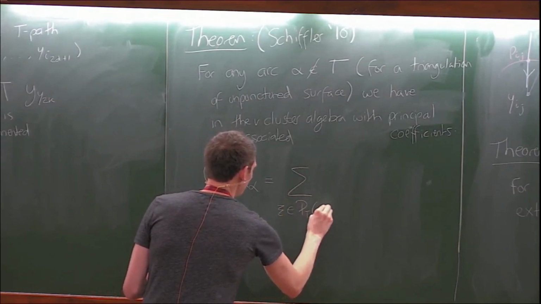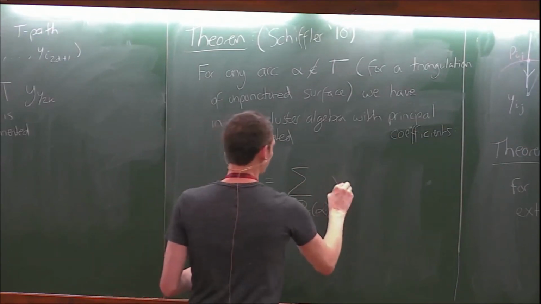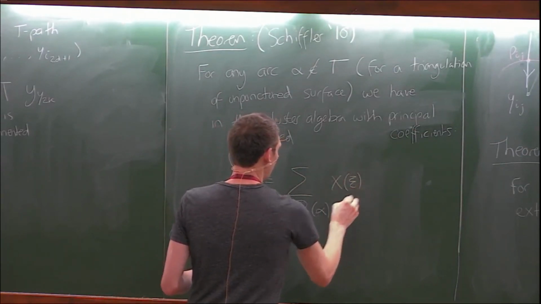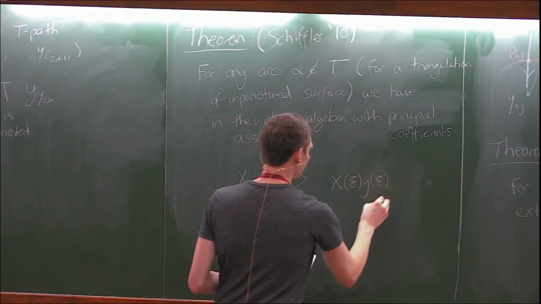So now it's going to be over all complete t-paths of alpha. We're going to again get this x of zeta, but it's multiplied by now this coefficient term y of zeta.